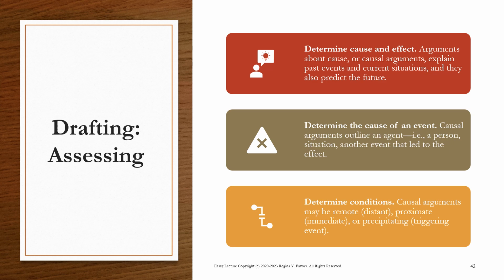Determine the cause of an event. Causal arguments outline an agent, so that could be a person, a situation, or another event that led to the effect. And then determine conditions. Causal arguments may be remote, proximate, or precipitating. So something could have created the issue, could have triggered the cause to create the effect.